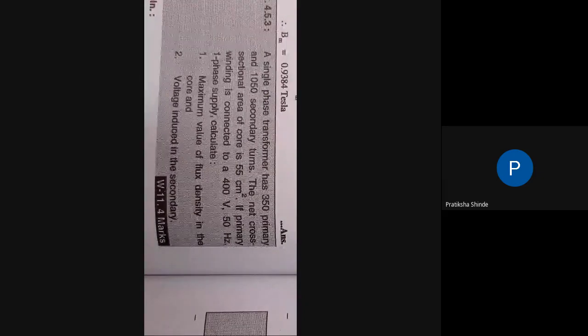Tesla is the scientist who invented that magnetic material property, that's why the unit is Tesla. But you can write Bm in Weber per meter square also. Okay. Any doubt in this numerical? If no doubt, then write down this second numerical or take a screenshot.